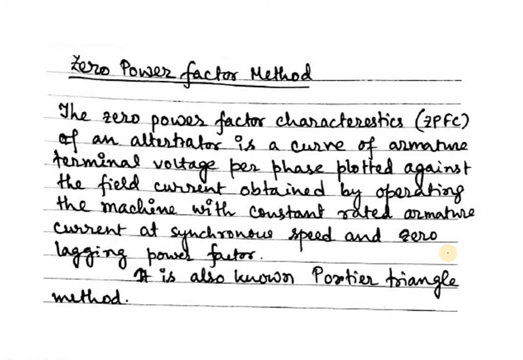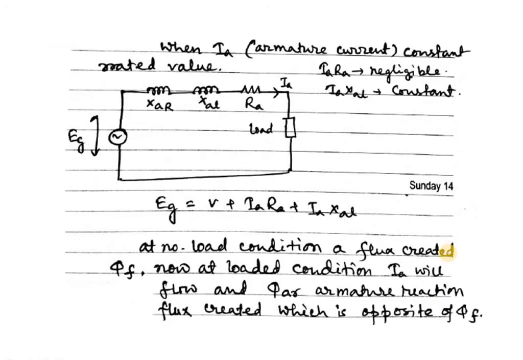And this is known as the Potier triangle method. For maintaining a very low power factor, the alternator is loaded by means of reactors, or alternatively by an underexcited synchronous motor. The shape of the ZPFC is very much like the OCC displaced downwards and to the right.